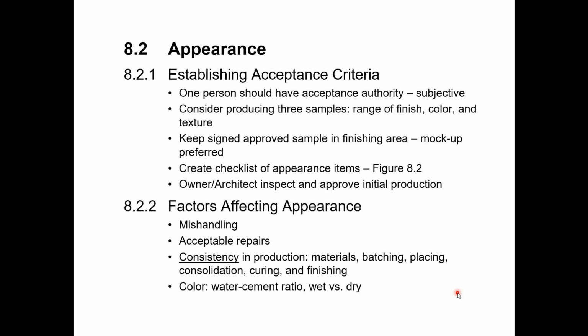So even after they've approved a sample, they still are coming out to look at the first two or three panels that are created to make sure, okay, now we're seeing it at scale. Yes, we still agree that it looks like what we thought. And before you make 30 panels and get half of those shipped to the site, and then they decide, no, this doesn't meet the aesthetic that we were going for. Now you've got a lot more money that's being wasted.